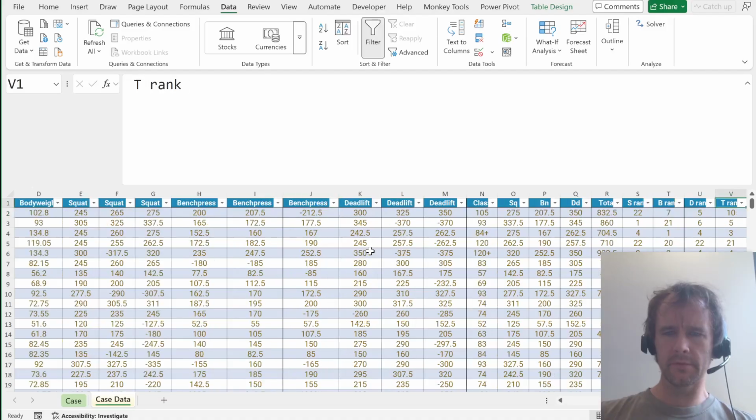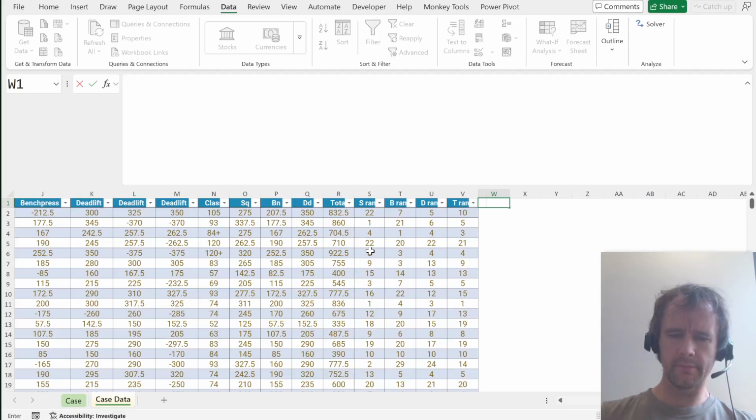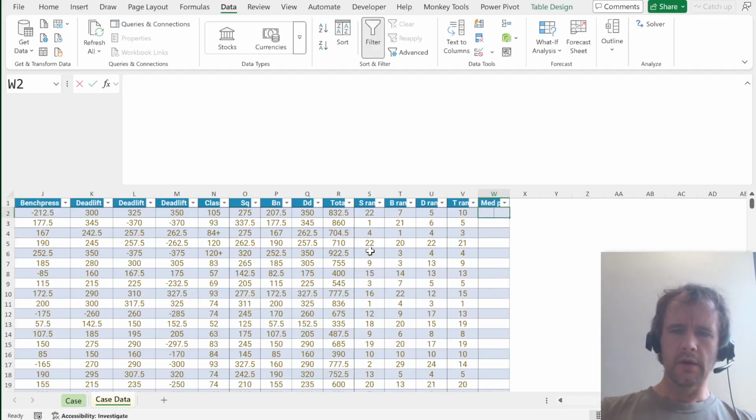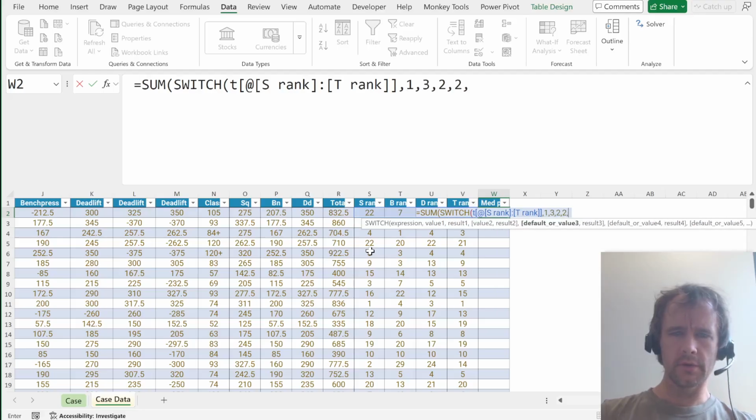Okay, so I guess medal points would be, I guess, SUM of SWITCH this. 1 is worth 3, 2 is worth 2, 3 is worth 1, otherwise 0.